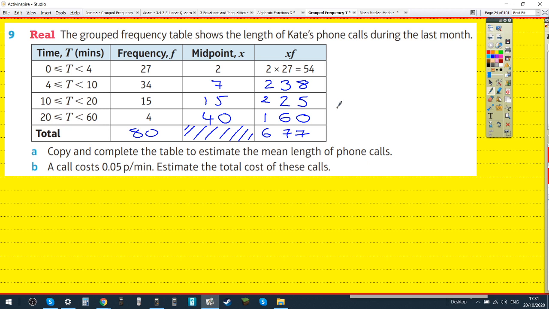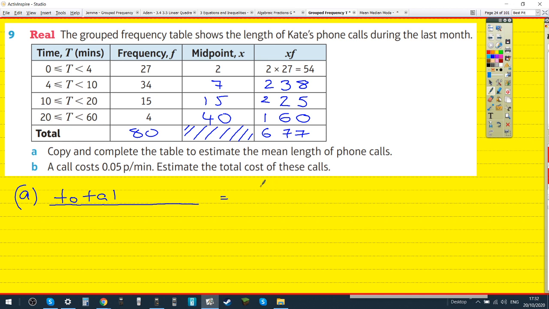Copy and complete the table. So then do you divide the total by the time, I mean the... Okay, so what divided by what?